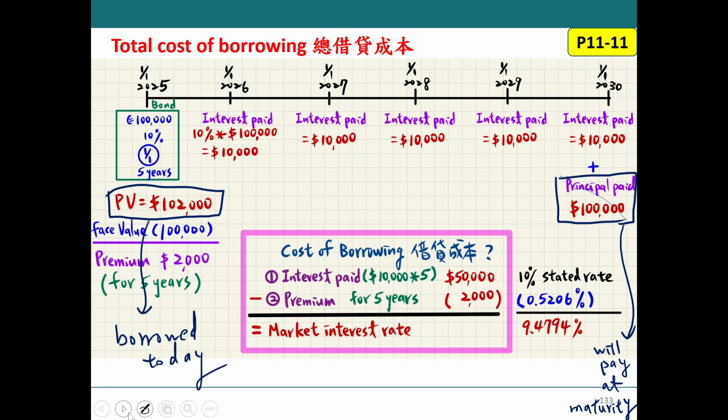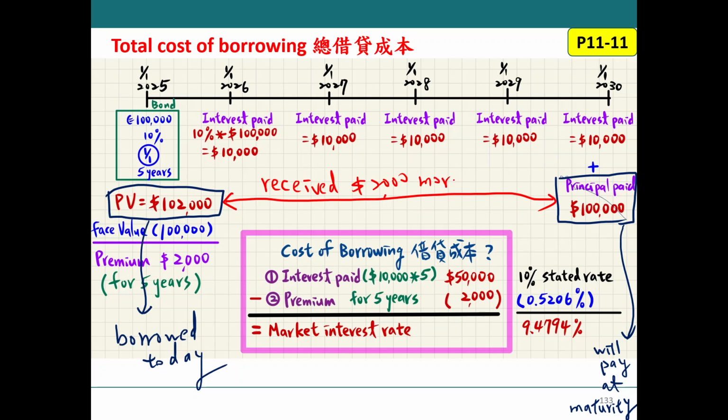Based on your second cost of borrowing, you received $2,000 more now. So this $2,000 is your premium, 溢价部分.